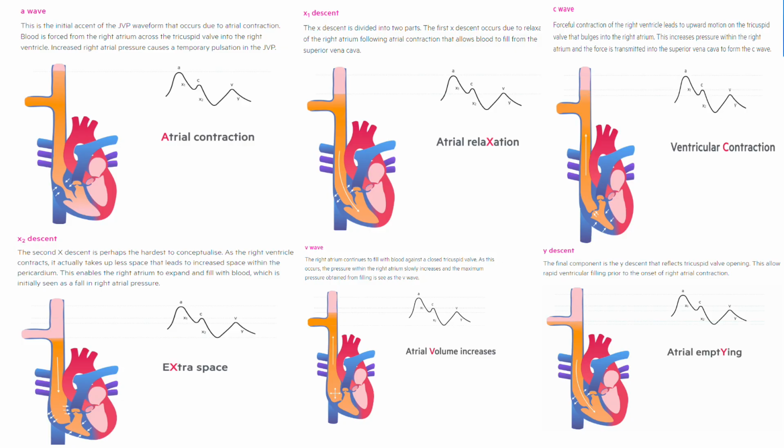I have already discussed that A wave is because of atrial contraction, initial X descent is because of atrial relaxation, C wave is because of ventricular contraction, X dash descent is because of downward displacement of the base, and V wave is because of atrial volume increasing, and Y descent is because of atrial emptying.